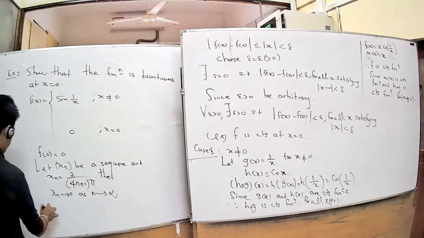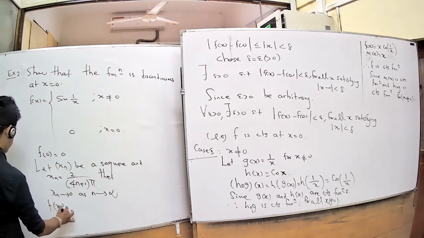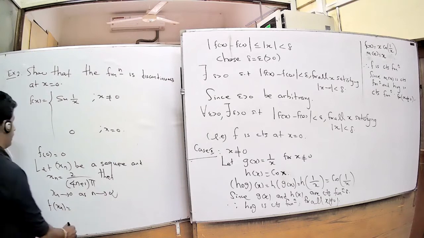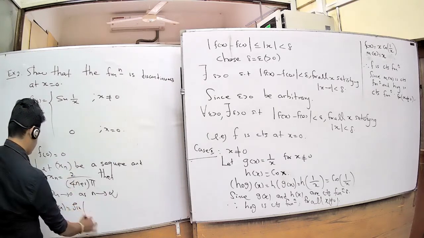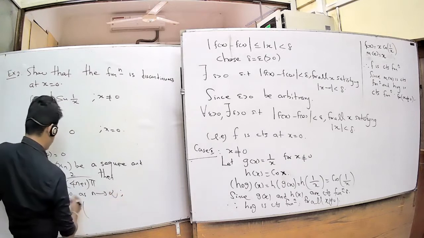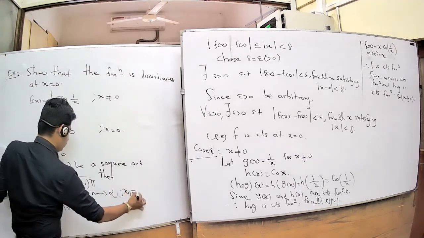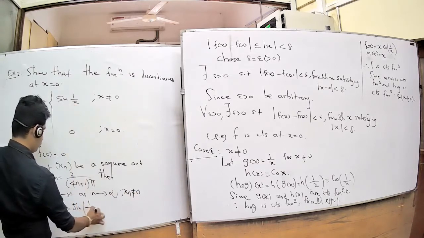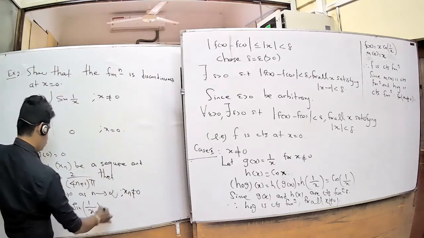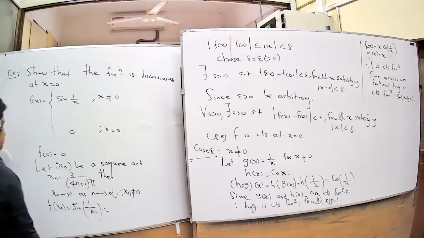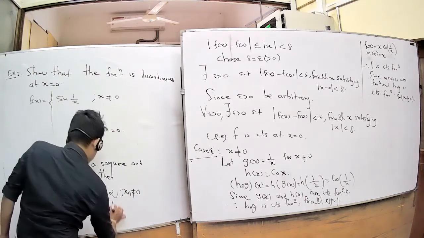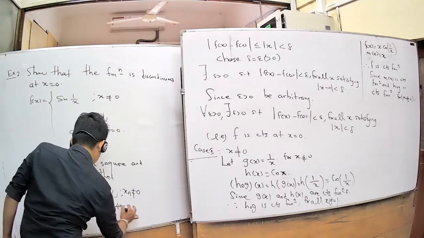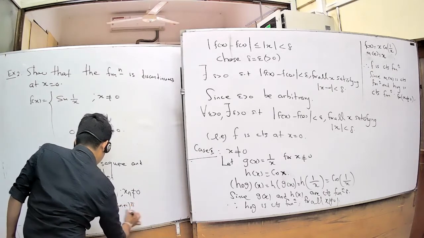Now you take the f of Sn value. F of Sn means sine 1 over Sn; Sn not equal to 0 is important. Now you put the Sn values here, 2 over this one, you get (4n plus 1) pi by 2.